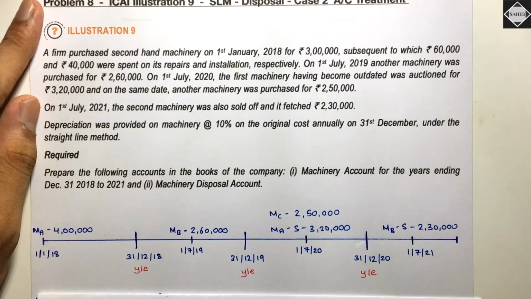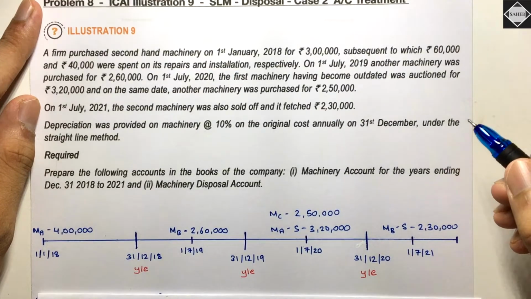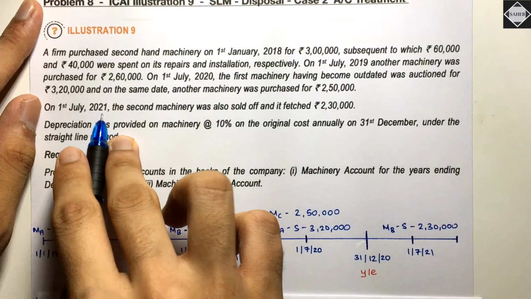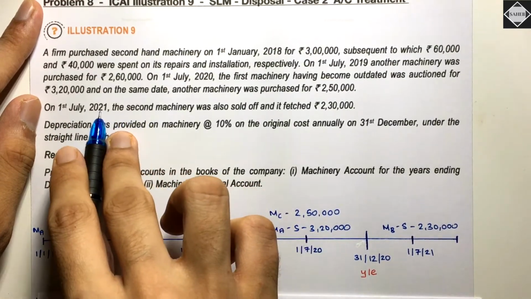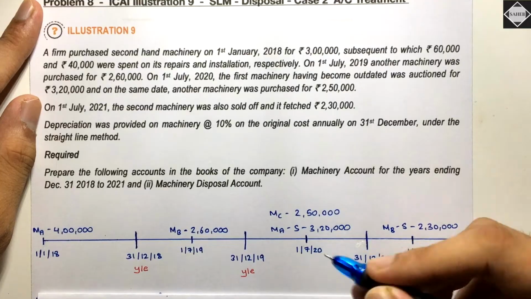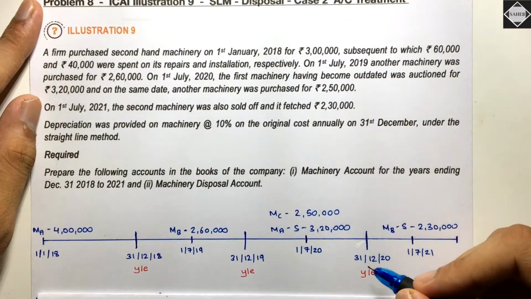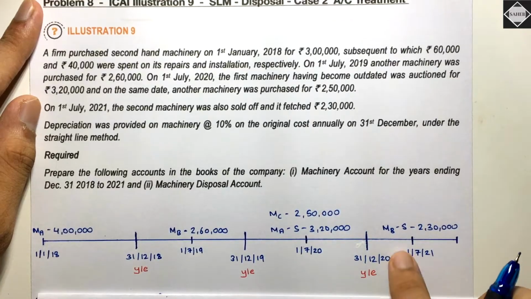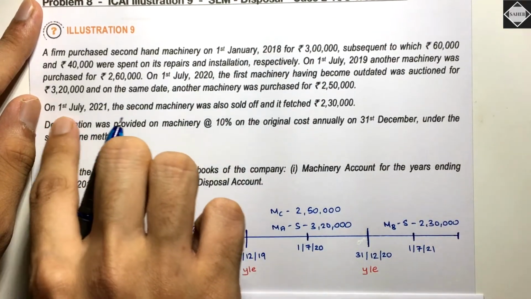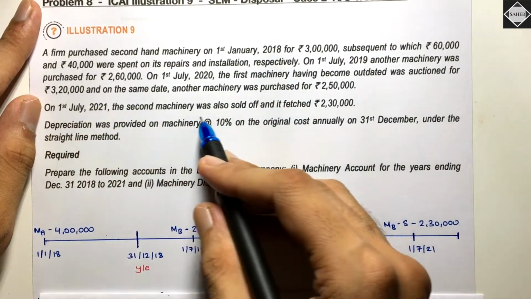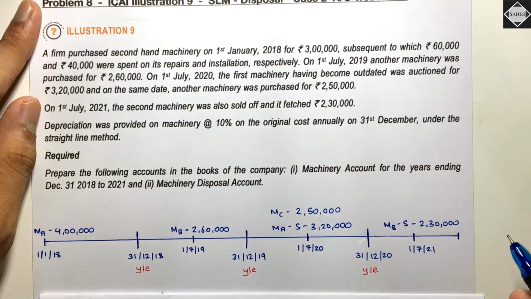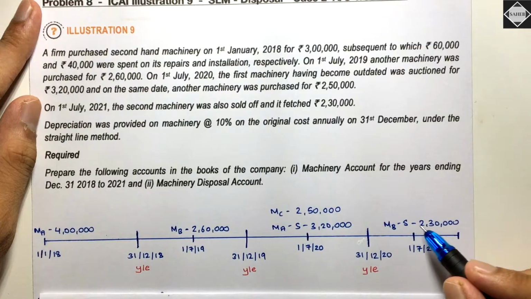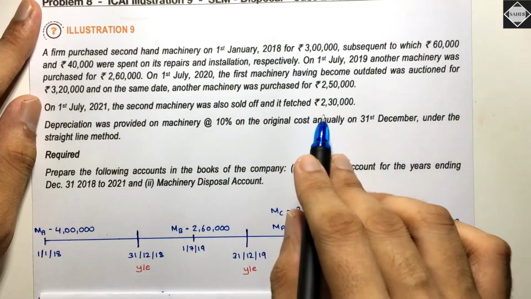Is it clear? And then what else happened? On 1st July 2021, the second machinery, so 2021 means you have to end the year. 31st December 2020 will be the year end of this. And then in the next year, in 2021, on 1st July 2021, the second machinery, machine B, was also sold off for 2,30,000.